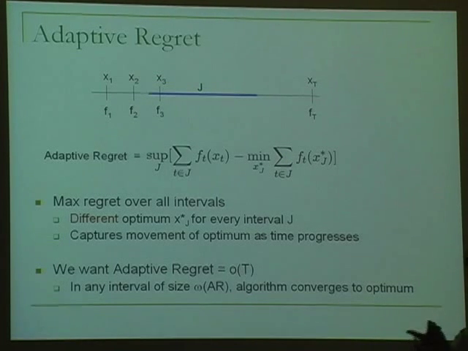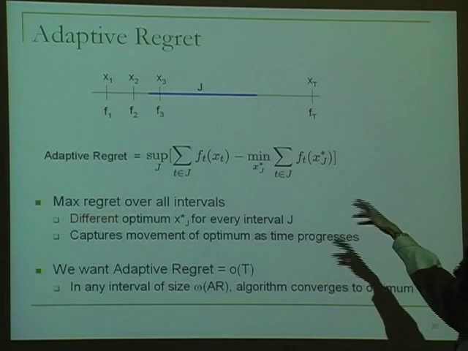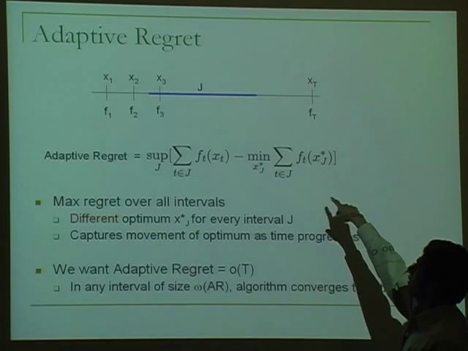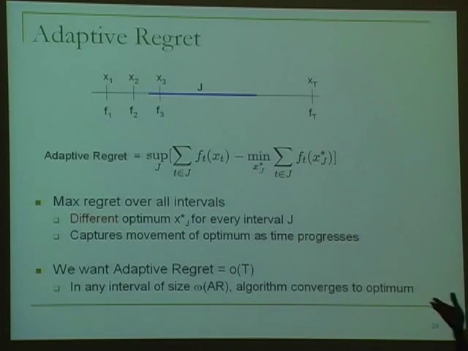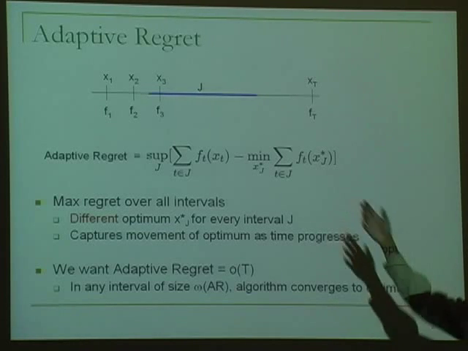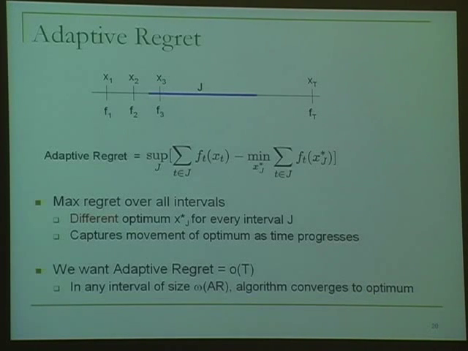Obviously for very small intervals, there's no guarantee you can give, because you can't predict the future. For any interval of size smaller than root t, this is a triviality, because all of these functions are just bounded between 0 and 1. But for larger intervals, you converge to the optimum. Furthermore, as the interval becomes larger, the convergence rate is even quicker.